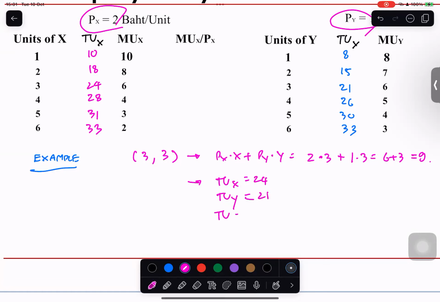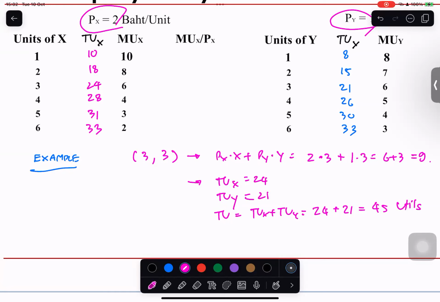Then total utility is 24 plus 21, 45 UTUs. That's how we play this game. Now find X and Y that generate the highest TU. For example, 3,3 gives 45 UTUs.